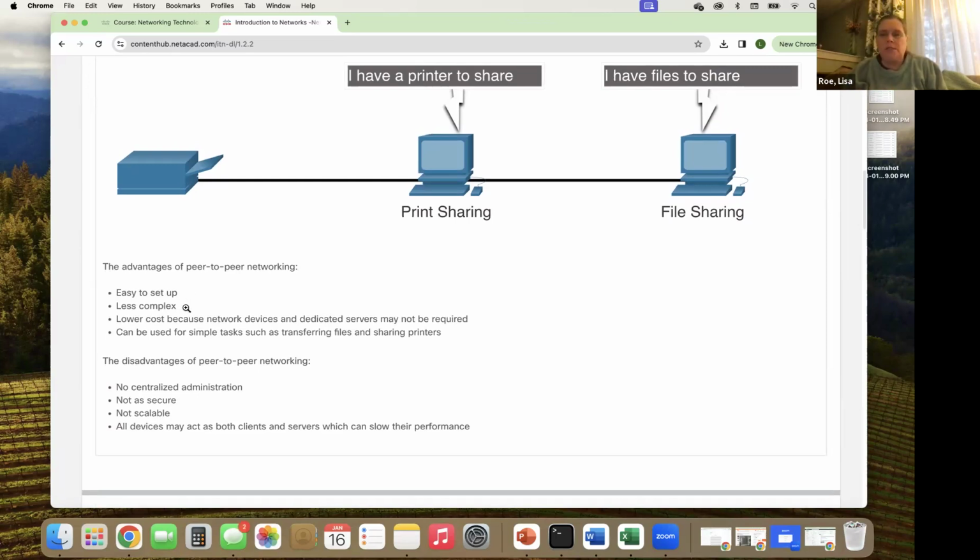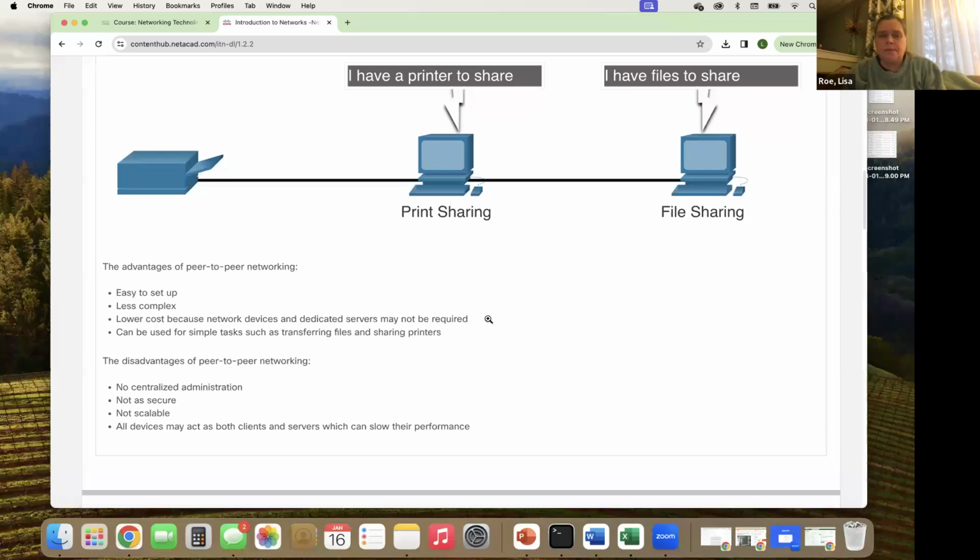You do not want these networks to get large, because I have to sit down at every device and configure it individually and put the users on every device and install the applications on every device. The more complex or the more devices there are, the harder it is to manage. It's a lower cost because I'm not using any expensive type of devices like a server or server operating systems, and having to invest in a lot of high-end resources.